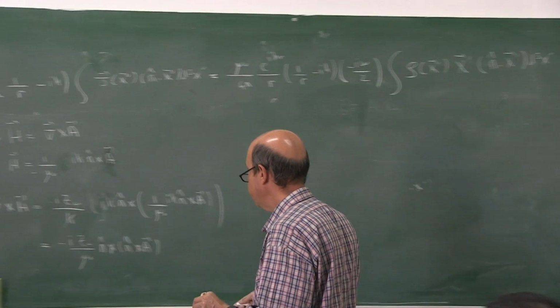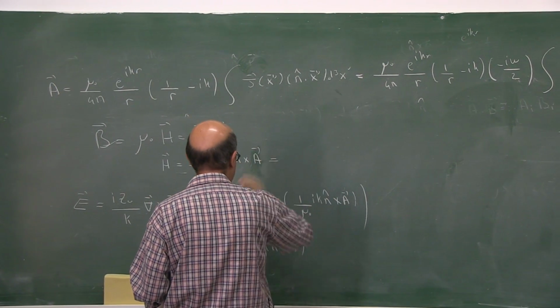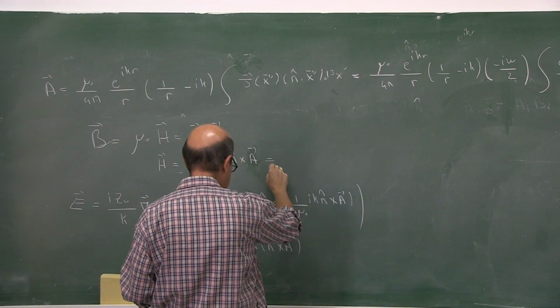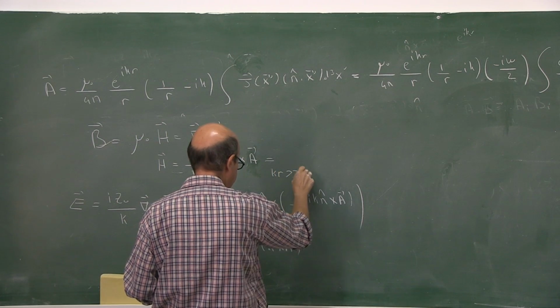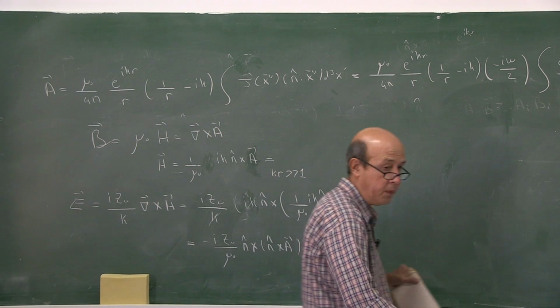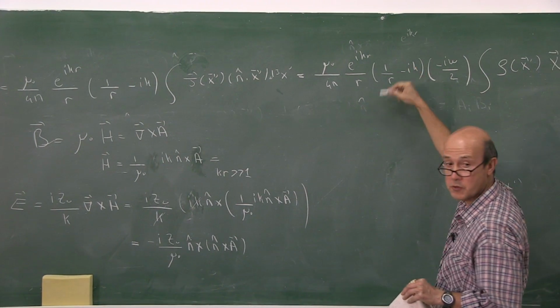So the H field, if you go to far field, basically you will drop the 1 over r square term.